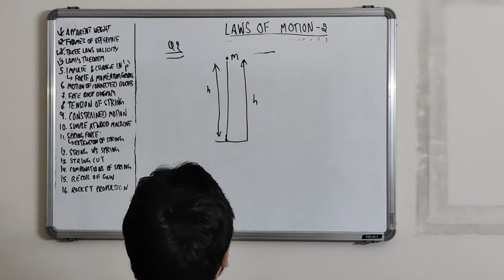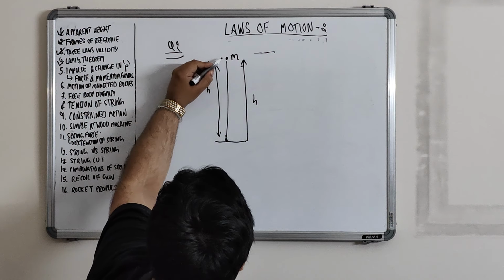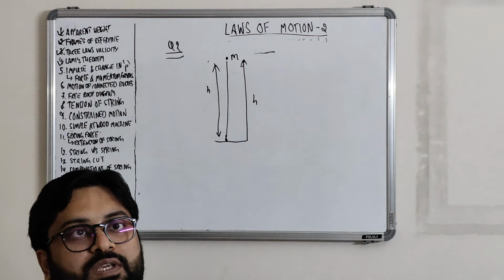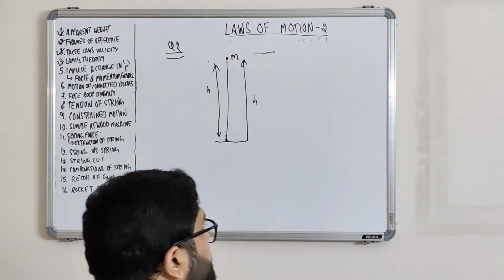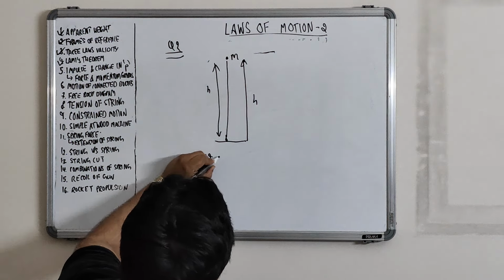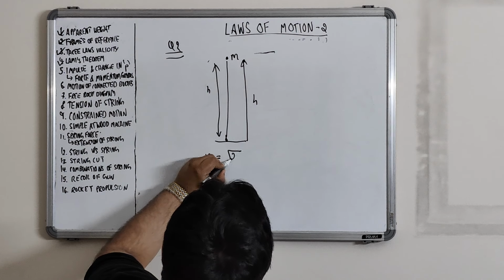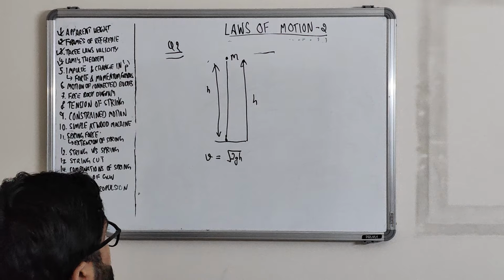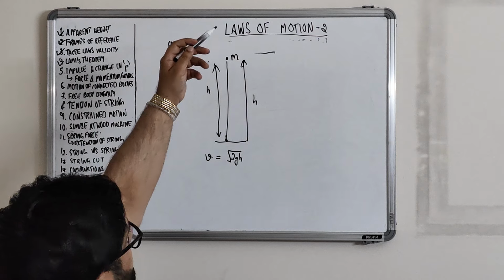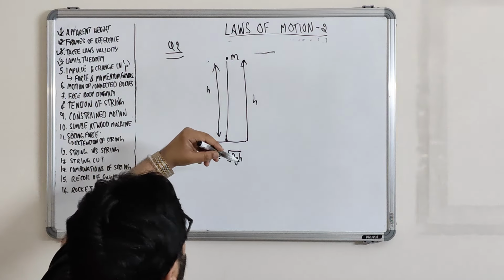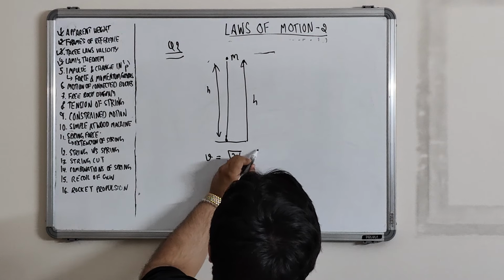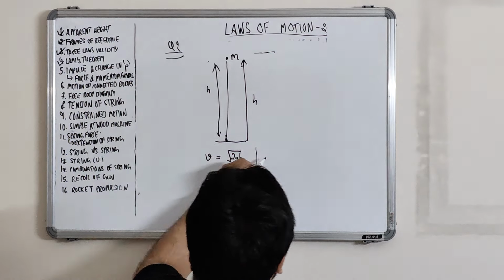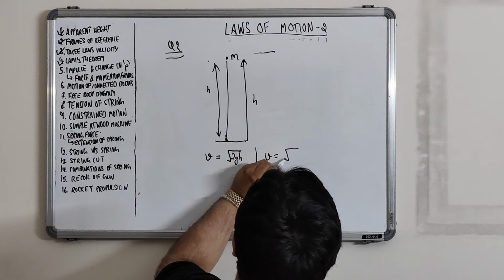As we know, under free fall, the velocity of the object just before striking the ground is root of 2gh. And as it is going up to the same height, it will have the same velocity after rebounding from the ground, therefore v is equal to root 2gh.